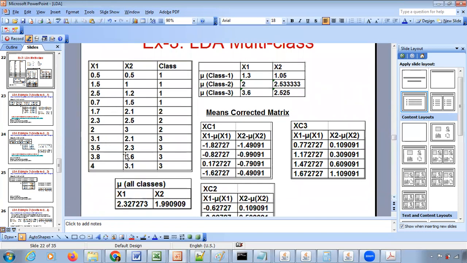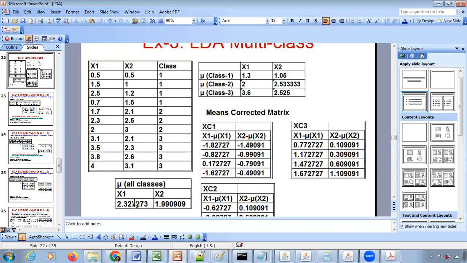So 0.5 minus 2.327 is negative 1.827. Then this 0.5 for X2 minus this 1.99 is negative 1.49. Similarly, this 1.5 minus 2.327 is negative 0.827. The 1 minus 1.99 is negative 0.99. And this 2.5 minus again the 2, again, make sure you use the same overall mean for X1, X2, get this XC1 matrix.